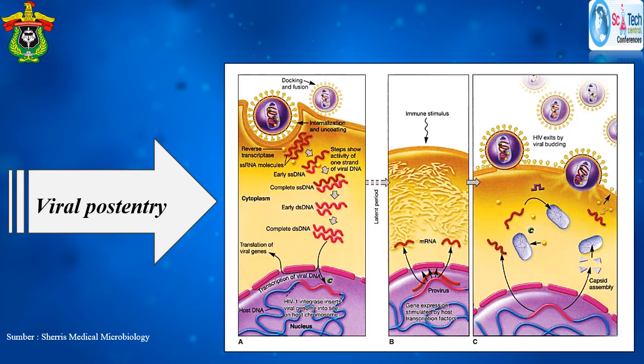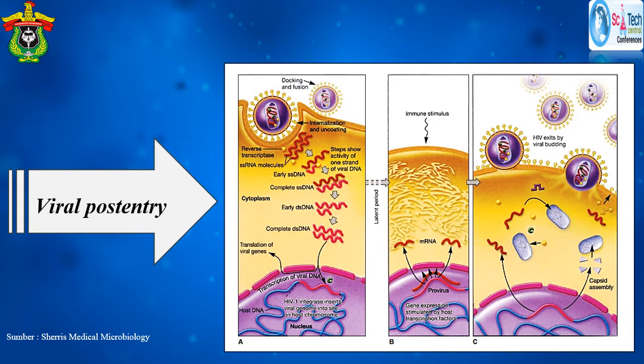Viral integrase enzyme also enters the nucleus and catalyzes the integration of viral DNA into the genome of the host cell, which is called a provirus. Provirus can be inactive for months or years with little or no production of new virus, so HIV infection can be latent.